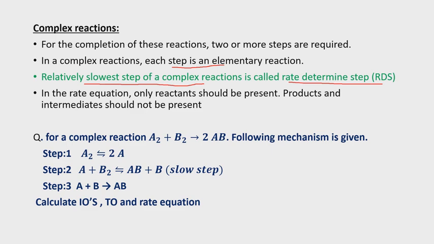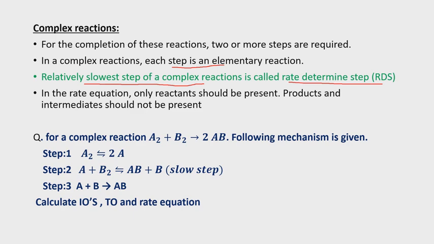This is the question for you. For a complex reaction, A2 plus B2 gives rise to 2AB. Following mechanism is given. Step 1, A2 reversible 2A. Step 2, A plus B2 gives rise to AB plus B, slowest step. A plus B gives rise to AB.